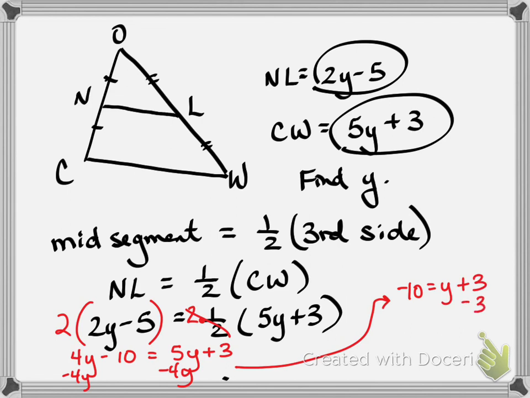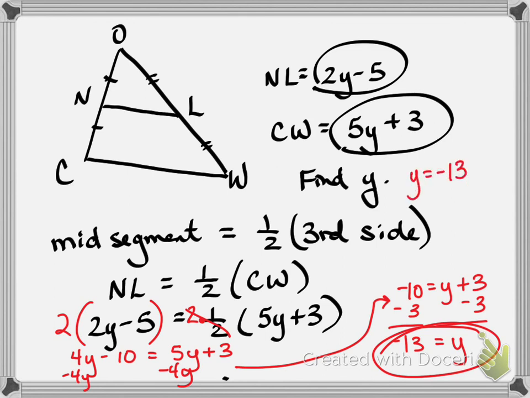And then let's minus 3 on both sides. So I made this up just spur of the moment right now. So this problem actually doesn't make sense because we can't have a y that's negative. But the problems that you'll do in the book were not made up spur of the moment, and they would have a positive y value. So I would find y, and I would say y is negative 13.